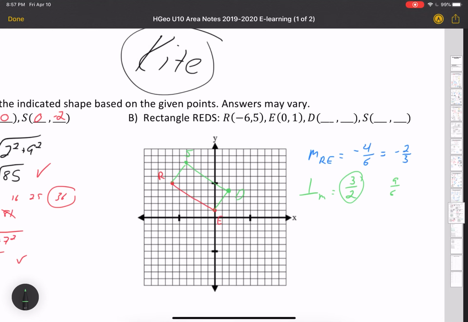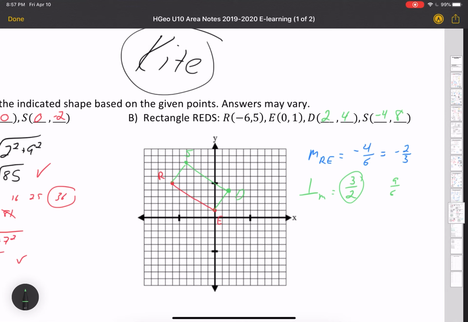But we do have perpendicular lines there because the slopes are opposite reciprocals. So a possible coordinate for D and S, D would be 2, 4, and S would be negative 4, 8. Right? Negative 4, 1, 2, 3, 4, 5, 6, 7, 8.